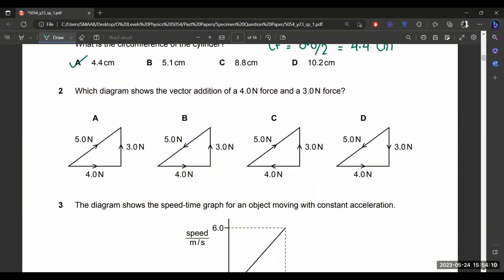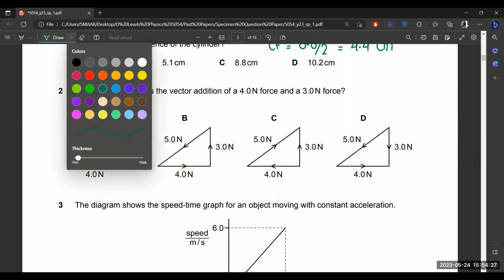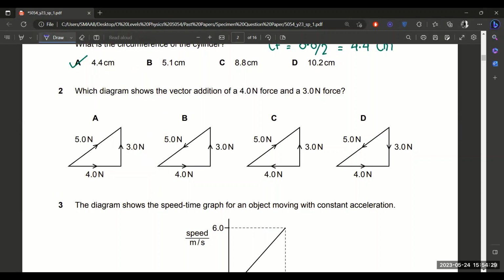And the second question is, which diagram shows the vector addition of a 4 Newton force and a 3 Newton force? Now we need to show the addition of two vectors, and when we are going to add two vectors, you know the basic rule that we need to add by the head to tail rule, or we call it the tip to tail rule.